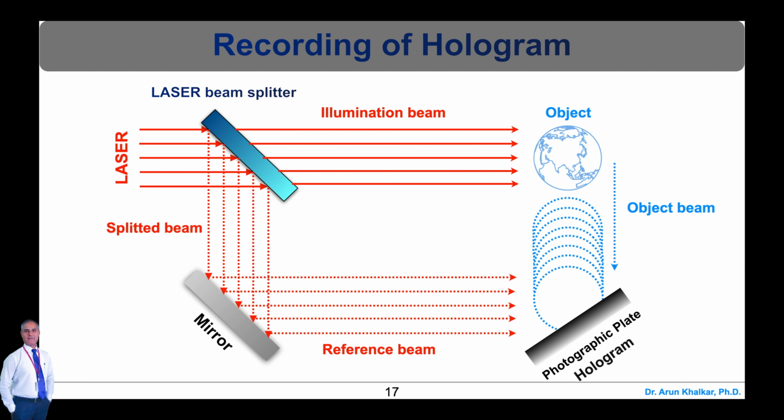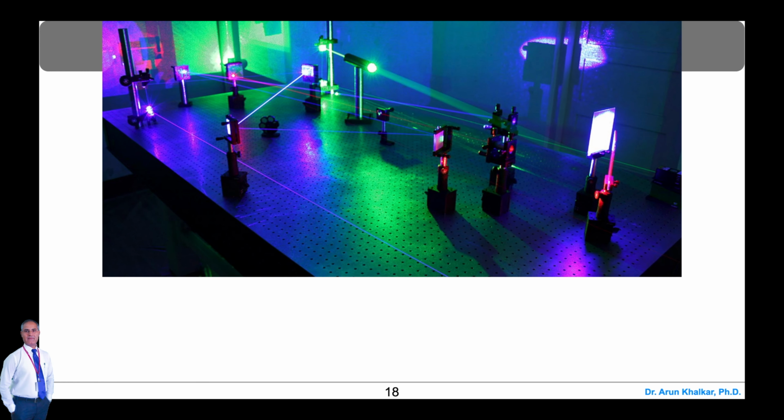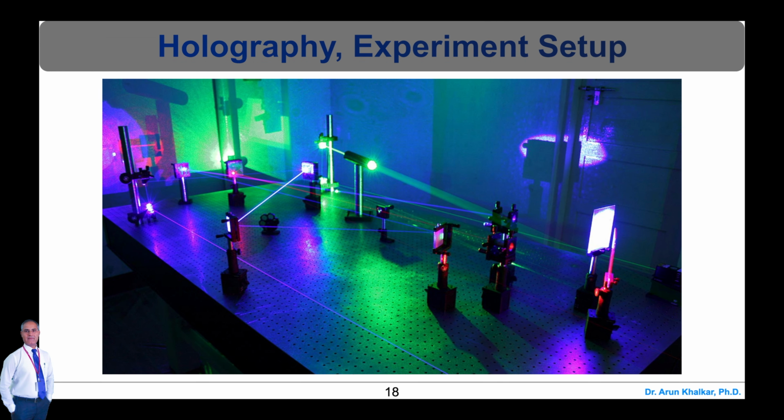The photographic plate with the recorded interference pattern is called a hologram. The actual experimental setup of holography is shown in this picture. The arrangement of several mirrors and beam splitters gives us the reconstruction of the images in three-dimensional form.